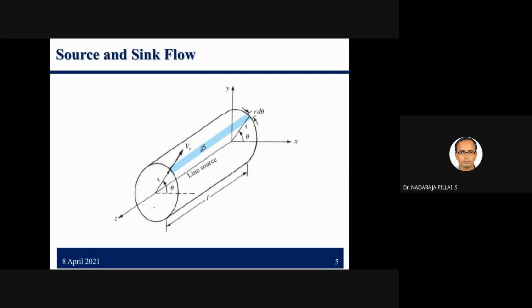We already know that del dot V is equal to 0.